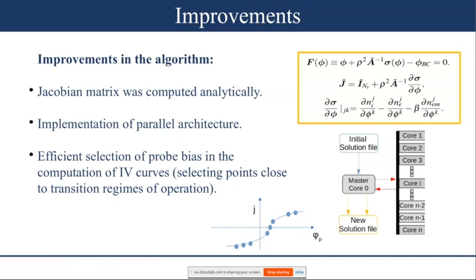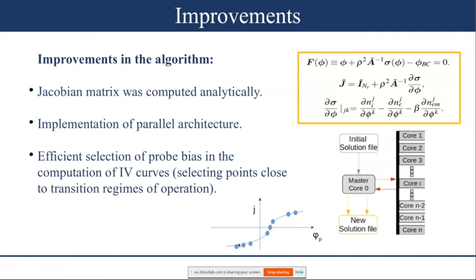And then we implemented a parallel architecture. In this architecture, each processor takes care of the computation of each mesh point in the current-voltage characteristics.